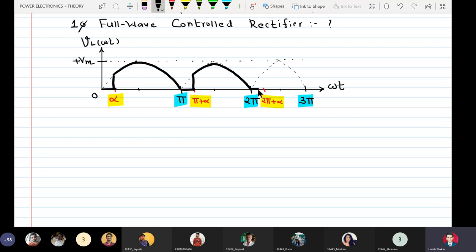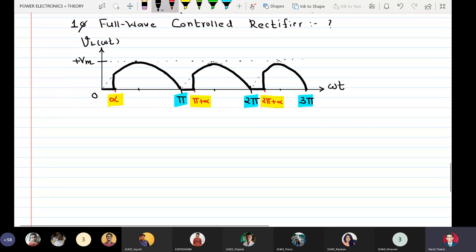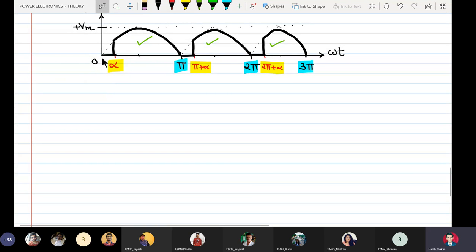Again, nothing from 2 pi to 2 pi plus alpha. My drawings are not symmetric, but understand that these are all symmetrical. So very simple. The load voltage will be doubled in case of the average content, but it will not be exactly doubled in case of the RMS content. When I write the formulas, you will come to know.